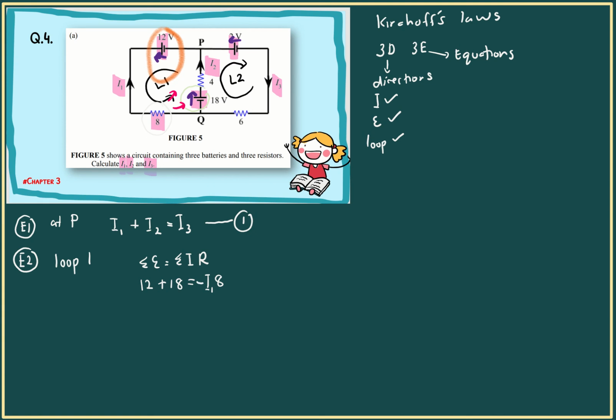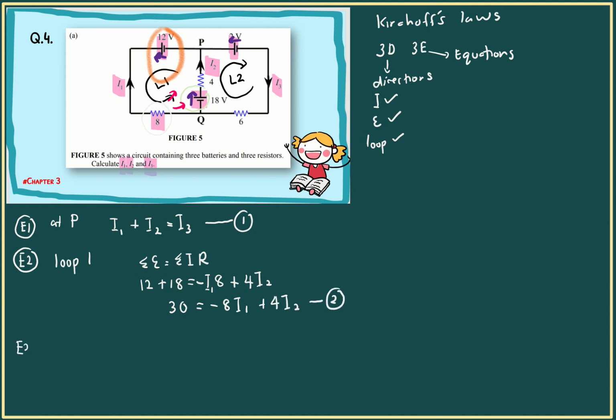And we have the 4 ohm resistor, which is positive, similar direction with the loop, so 4I2. Simplifying the equation, you're supposed to get 30 equals negative 8I1 plus 4I2. So this is your second equation.